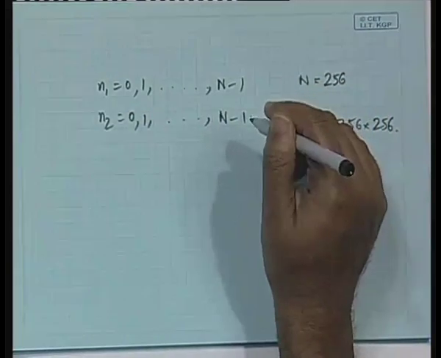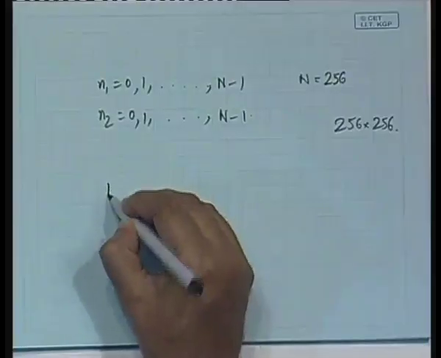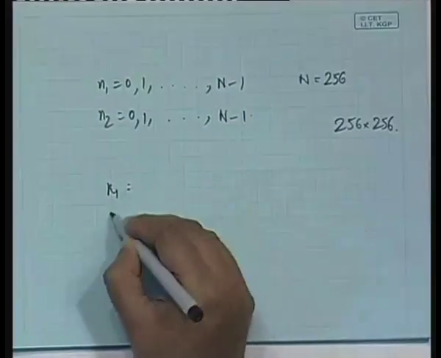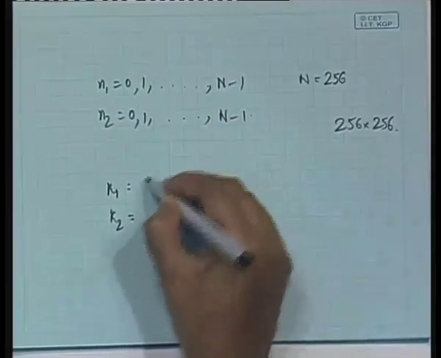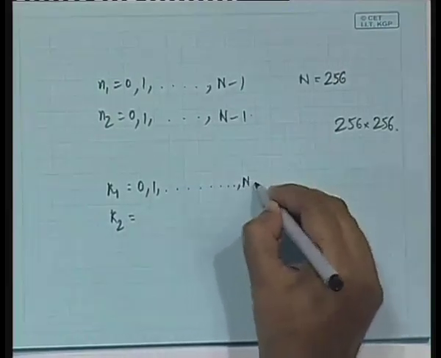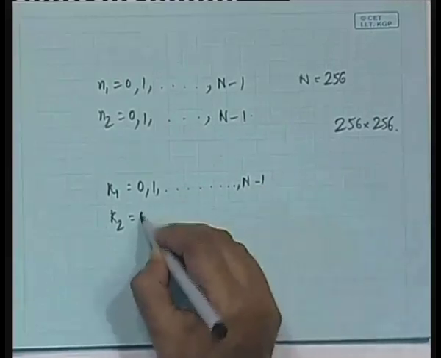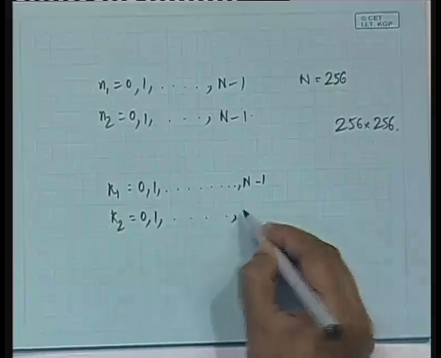Now, when this is the image size and you are taking a transformation, all the unitary transformations that we can take lead to the fact that even in the transform domain, the indices k1 and k2 also vary from 0 to n minus 1.